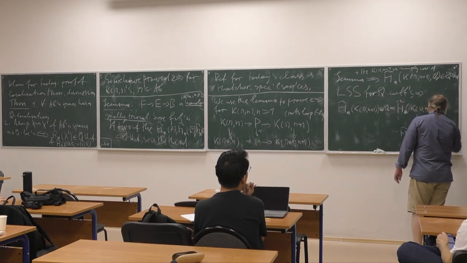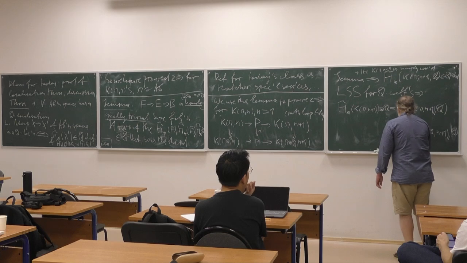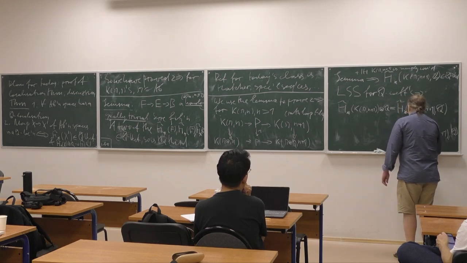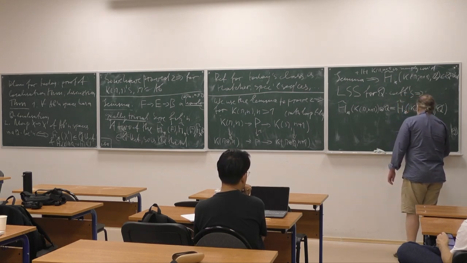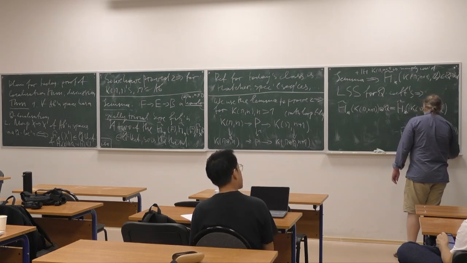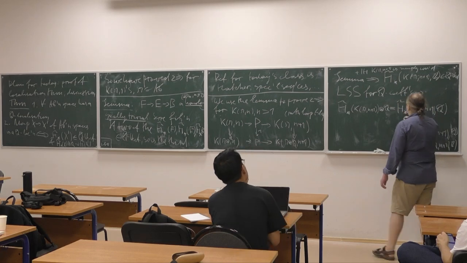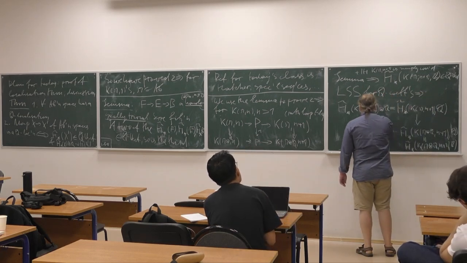Okay, let me write here a Q first, but then this is the same as H of K(π⊗Q, n+1), Z. So this map is an isomorphism.